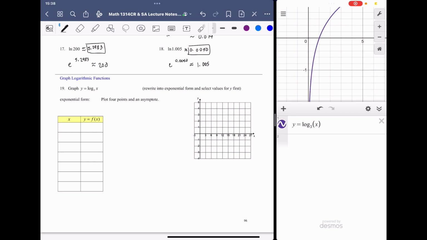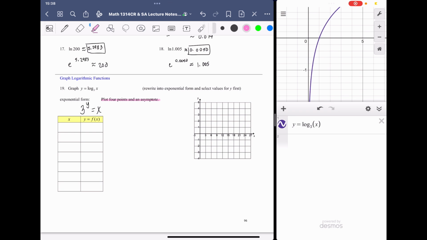It says rewrite into exponential form and select values for your y. Exponential form is going to be 3 raised to the y equals x. These are the instructions you need when you're plotting it: 4 points and the asymptote.